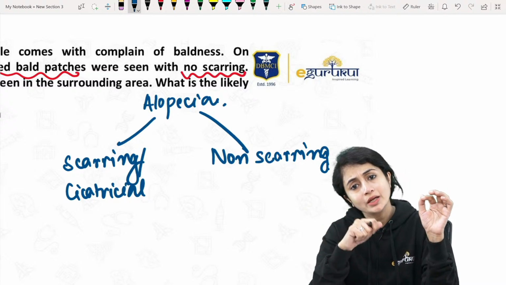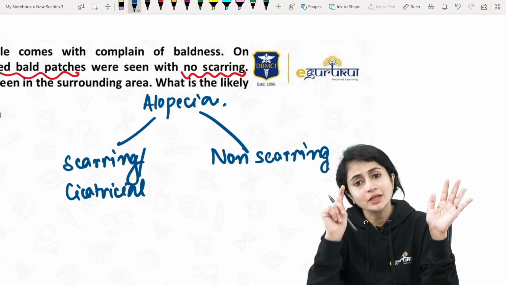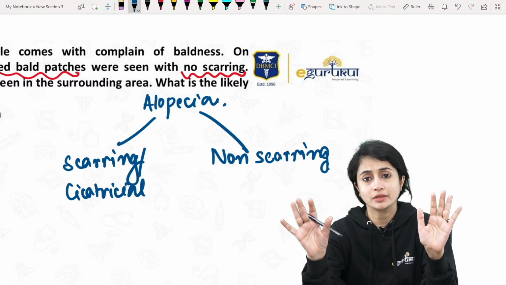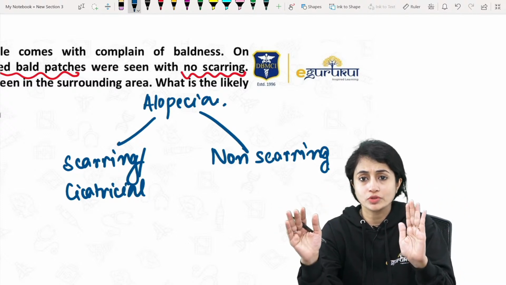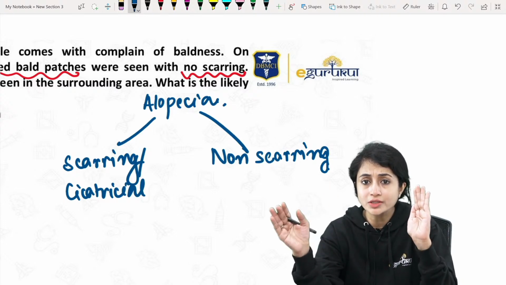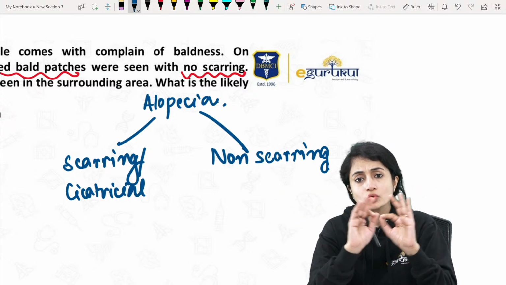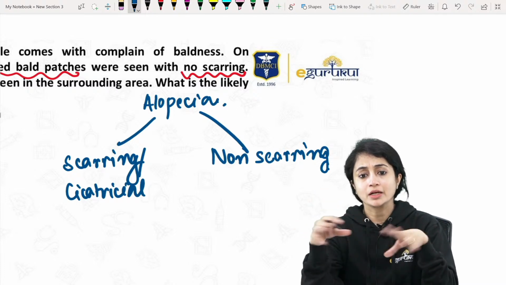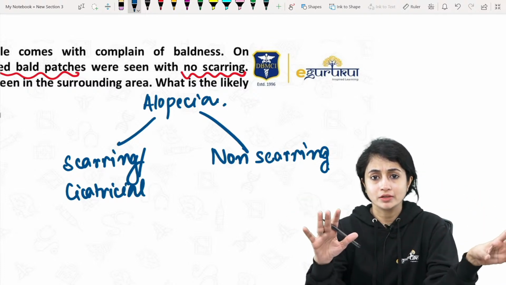So only my hair shaft will fall off, but I have a chance of getting all my hair back. So good prognosis. Non-scarring means no cicatricial change, my hair follicles are preserved and I'll get my hair back. Scarring, I'll not get my hair back.